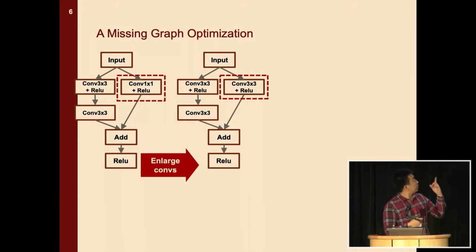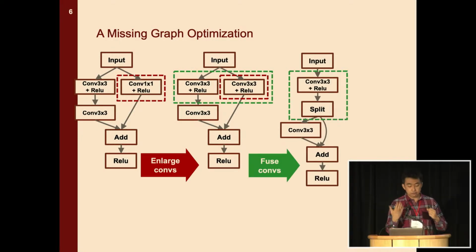Consider we have this 1-by-1 convolution. We can just change it to a 3-by-3 convolution by enlarging the convolution kernel. This is possible because you can just set the extra weights to 0, so that mathematically the 3-by-3 convolution will compute the same result as this 1-by-1 convolution. After that, you can fuse these two 3-by-3 convolutions by concatenating the output channels of the two 3-by-3 convolutions.